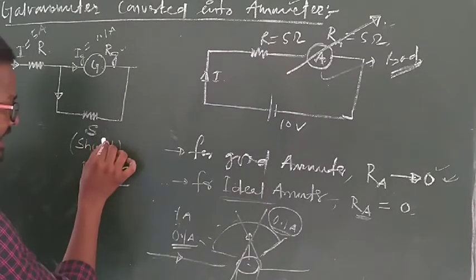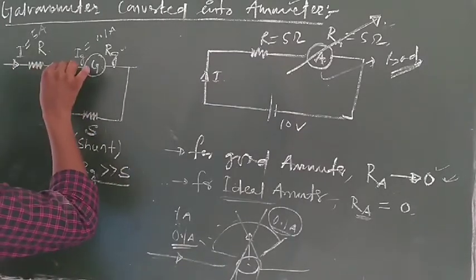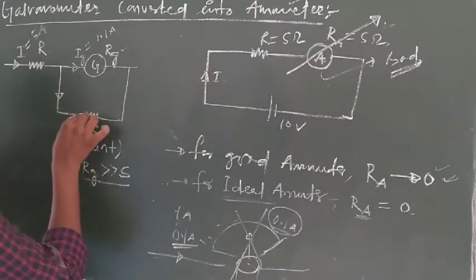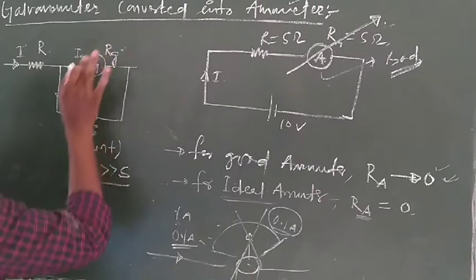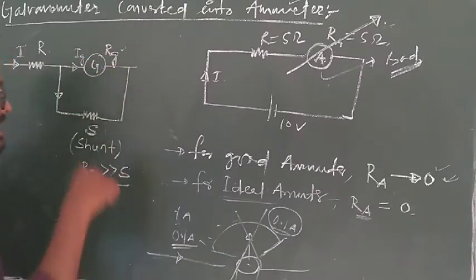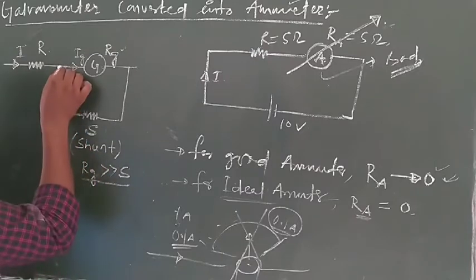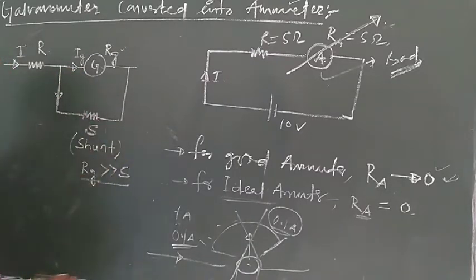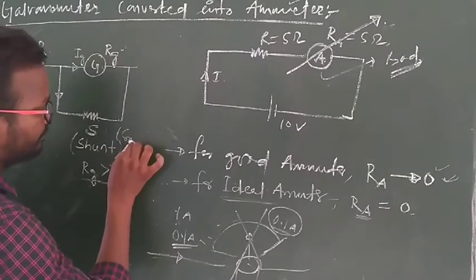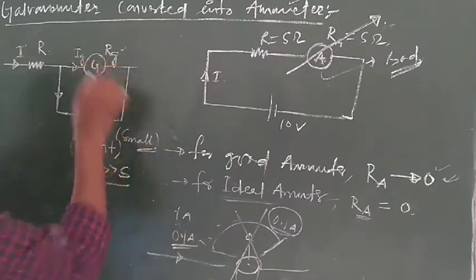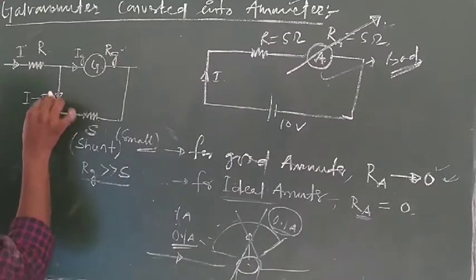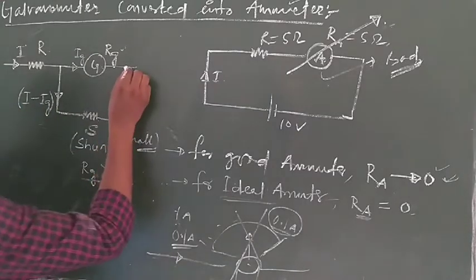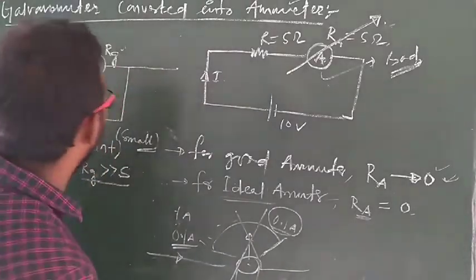So if S decreases, more current prefers to pass through this path. So if the total current is I, Ig passes through the galvanometer, and the remaining current I minus Ig passes through the shunt resistance. Clear? Okay.